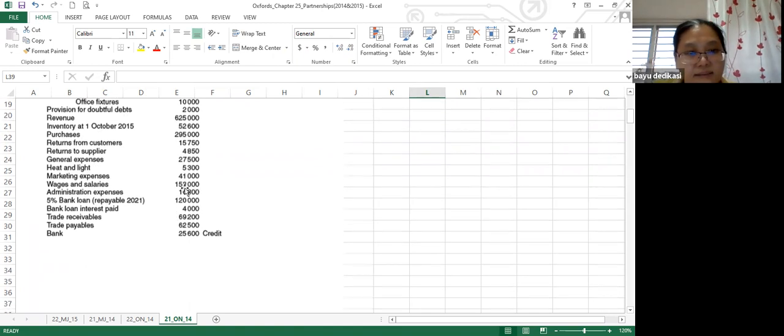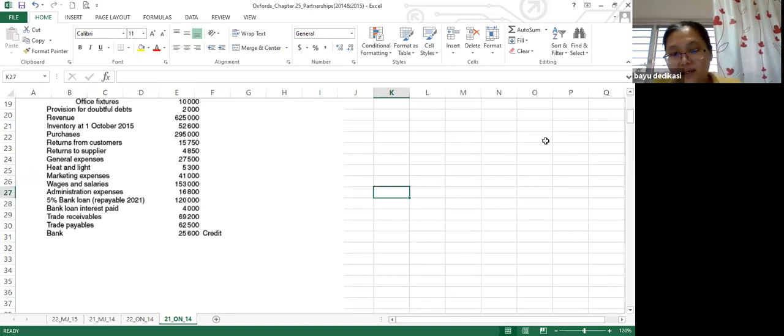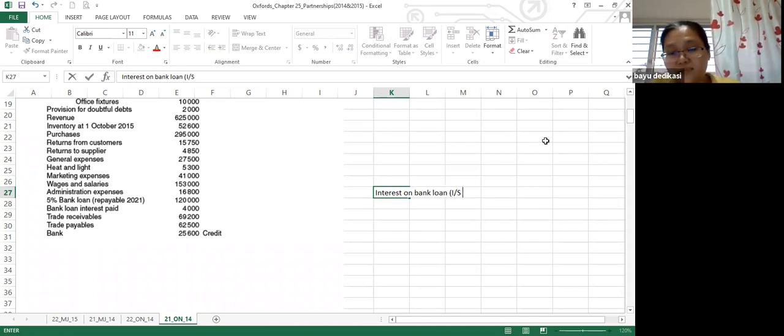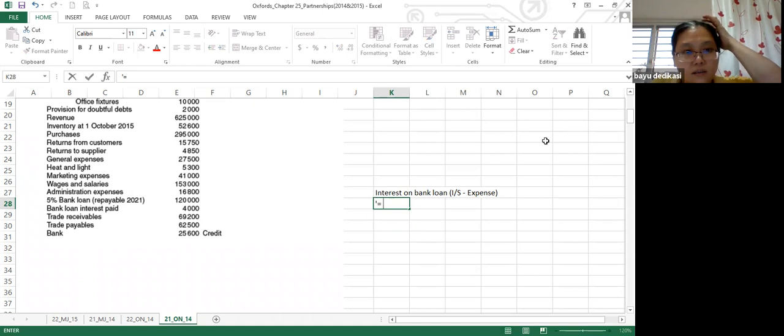Okay, what else? Same, they have the bank loan interest paid. So you want to find the interest on bank loan. This one is to be recognized in the income statement as expenses. So you have to take 12,000 times 5%.